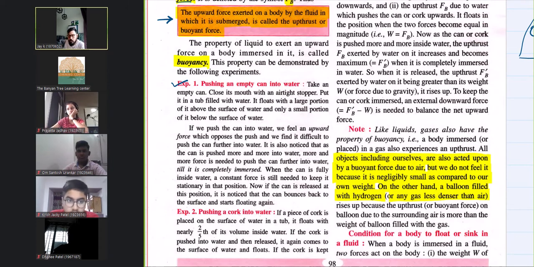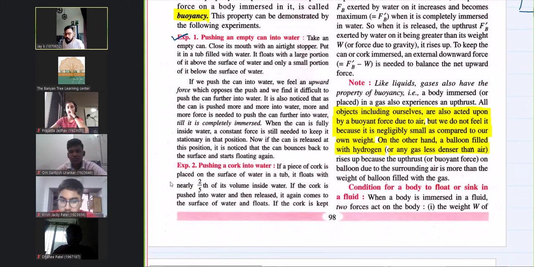If you want to submerge it more, towards the bottom, to a greater depth, you have to exert more force. You might have felt that. The same thing happens while pushing a cork into water. If you put a piece of cork on the surface of water, it floats with nearly 2 upon 5 of its volume inside the water.